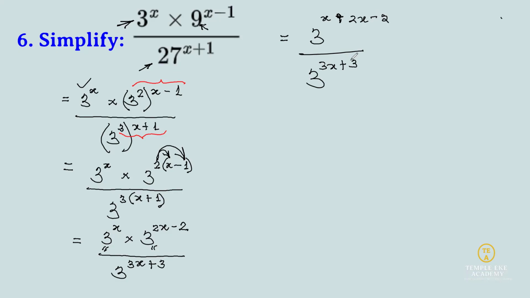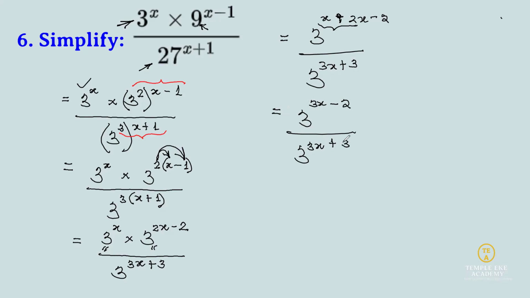And now let us do the combination. So this is going to give us 3 to the power, the like terms, x plus 2x, that is 1x plus 2x, gives us 3x. Then minus 2. Now divided by 3 to the power the same, 3x, then plus 3.